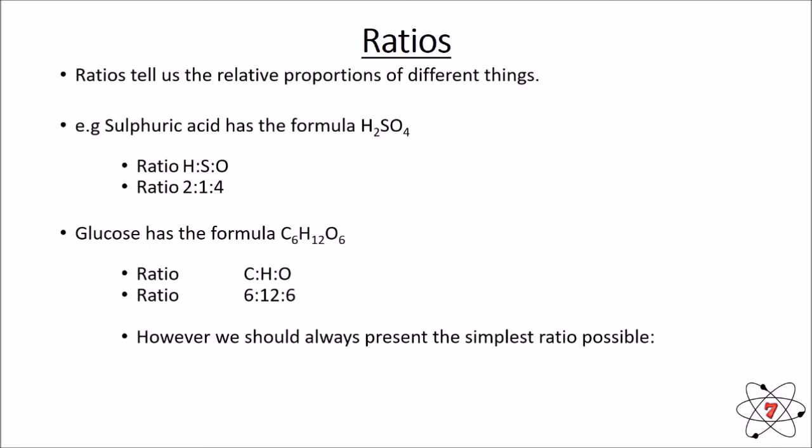If we look at this 6, 12, 6, we can see that all of those numbers are in the 6 times table. So we can divide all of them by 6 and we end up with a ratio of 1 to 2 to 1. So we need to always make sure we use the simplest ratio that we can.